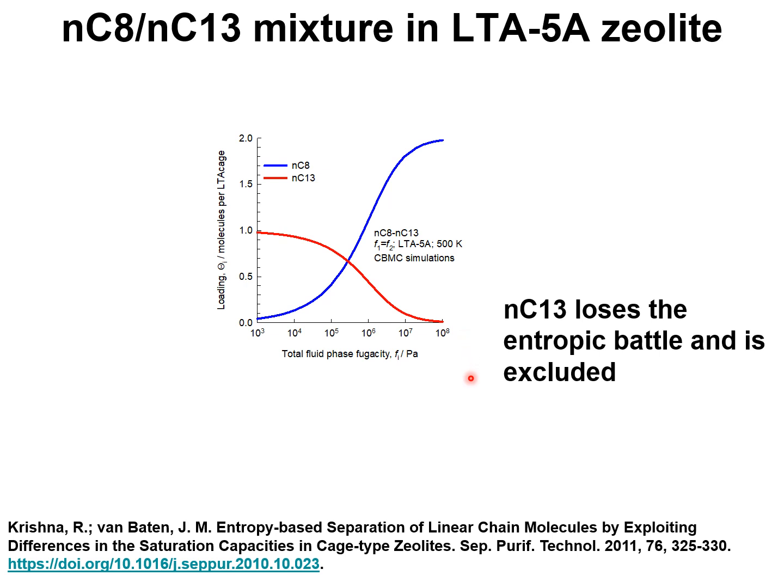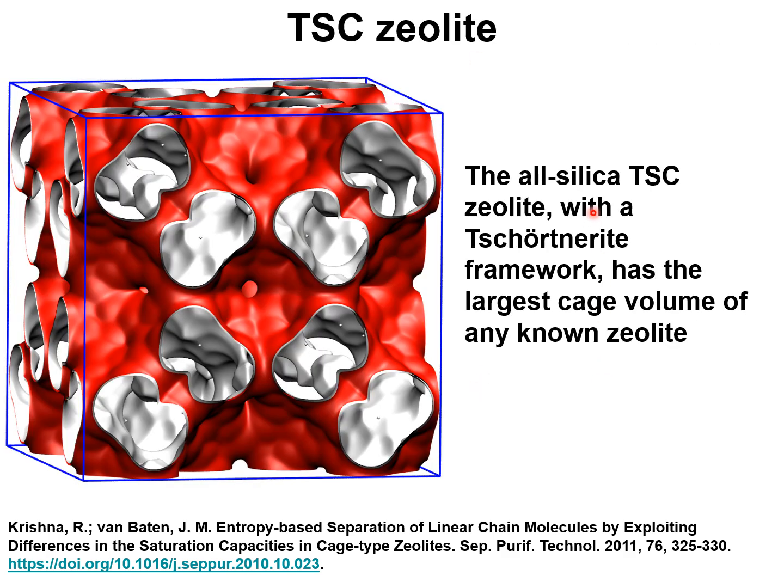For that purpose, we need a zeolite with larger cage dimensions. The all-silica TSC zeolite with a Tschörtnerite framework has the largest cage volume of any known zeolite. This is the unit cell of TSC zeolite.